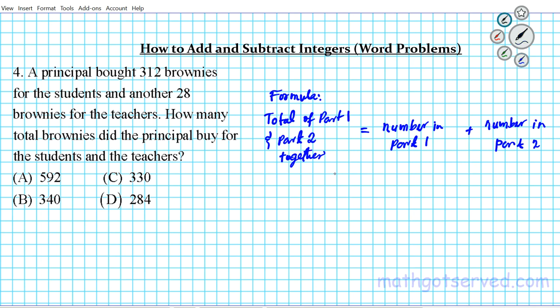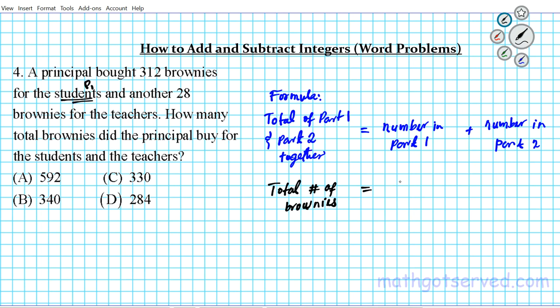All right, so in this particular case, what are we looking at? Brownies. So let's adapt this formula to the scenario that we're looking at. The total number of brownies is going to be the number of brownies in part 1. What is part 1? Students. So that's part 1.